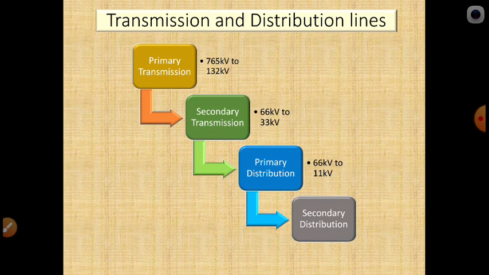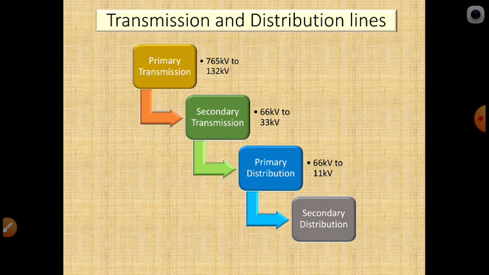Now, what is the purpose of transmission and distribution? What is the aim? The aim is mainly to supply every consumer in India. Every person has a right to take electricity.